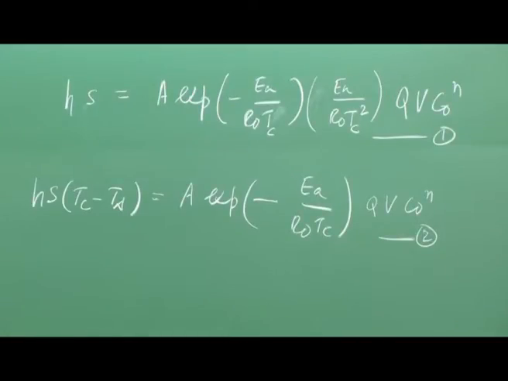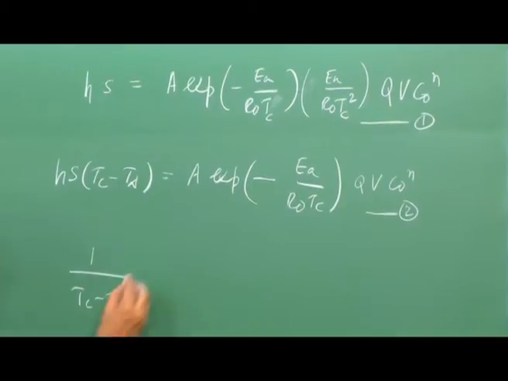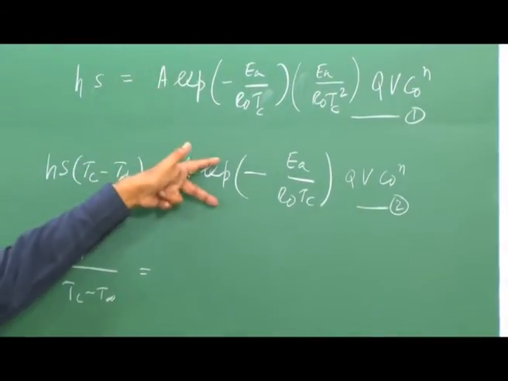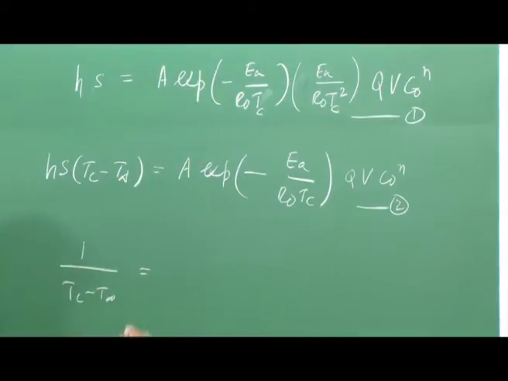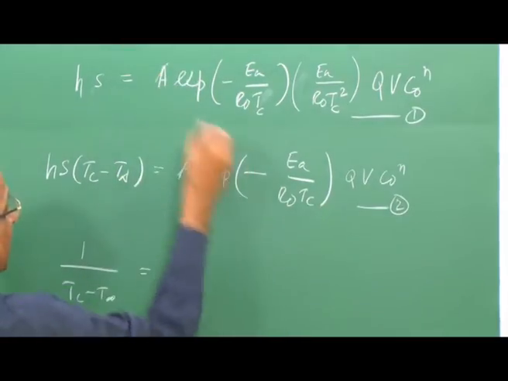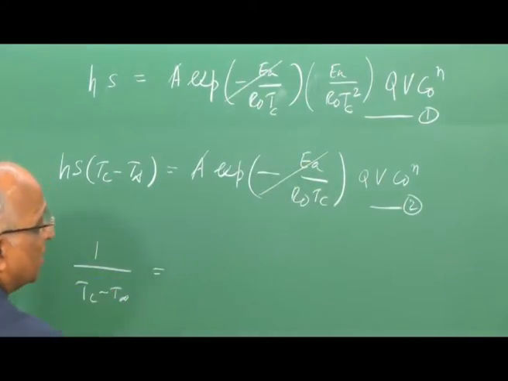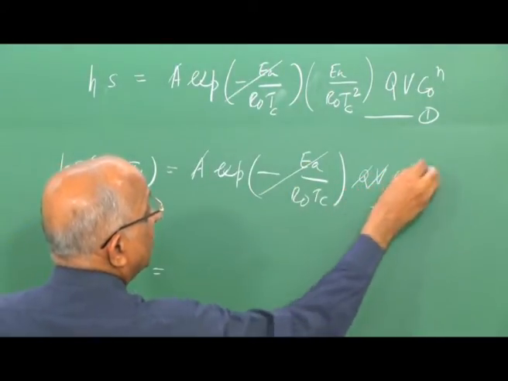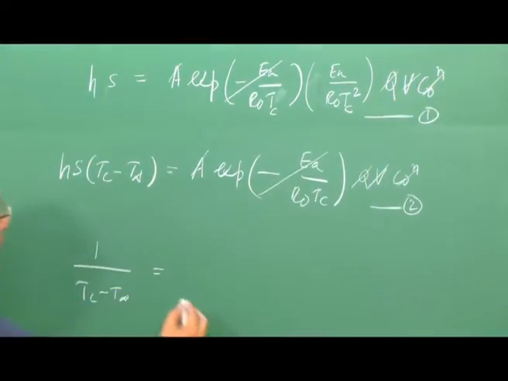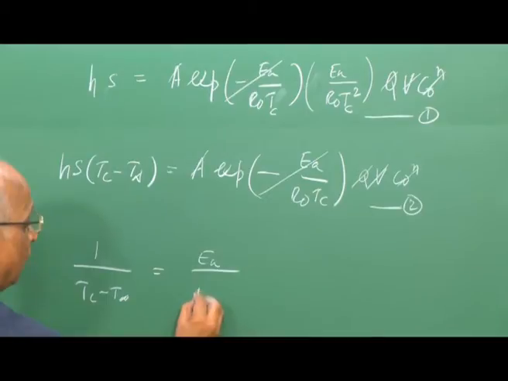Now I am interested in the value of the critical temperature Tc. If I divide equation 1 by equation 2, on the left hand side I get 1 over (Tc minus T ambient). On the right hand side, A cancels, the same exponential term cancels, and QV C0 to the power n cancels, leaving EA by R0 Tc squared.